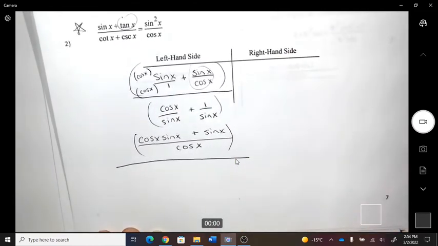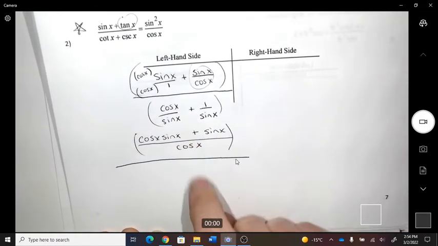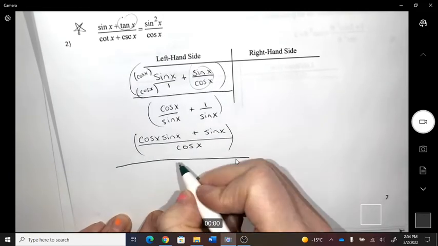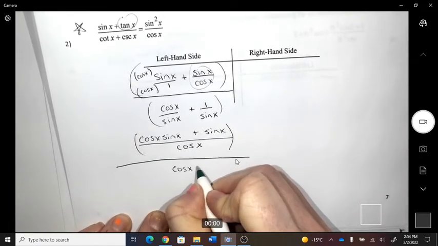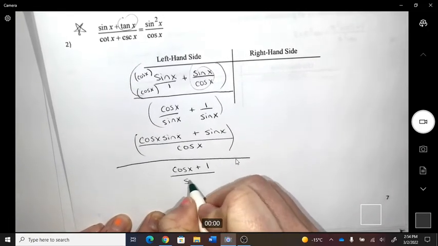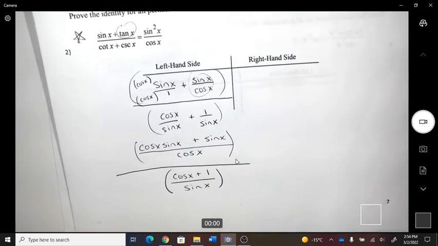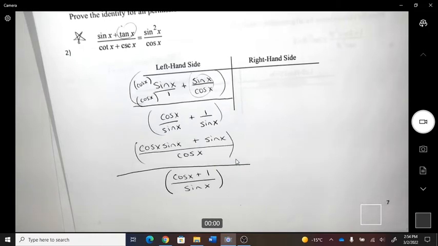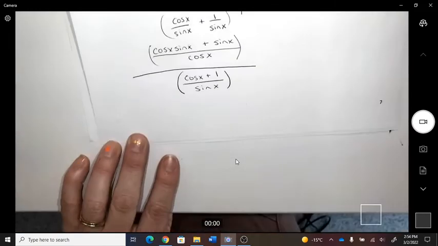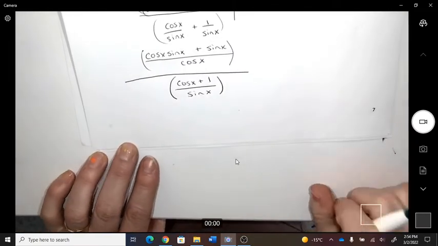Now I still have the bottom. Hey, look, it's all over sine x, so that's nice. So cos x plus 1 over sine x. Okay, we okay with what that looks like?